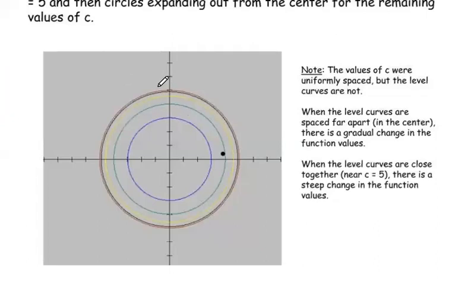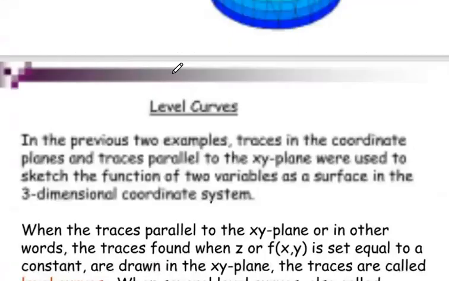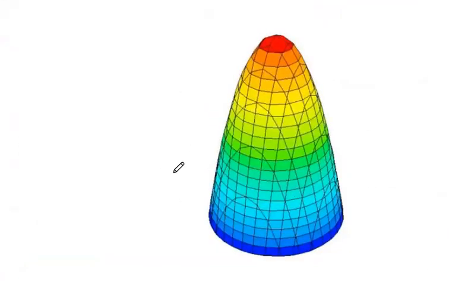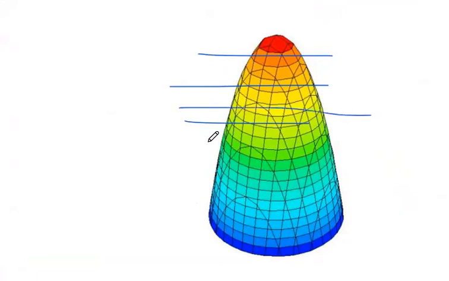If I cut that surface from different heights, you get a circle. If this is a circular surface or a sphere or half of a sphere, a hemisphere, and you cut this surface from different heights, you get a series of circles centered at the origin.